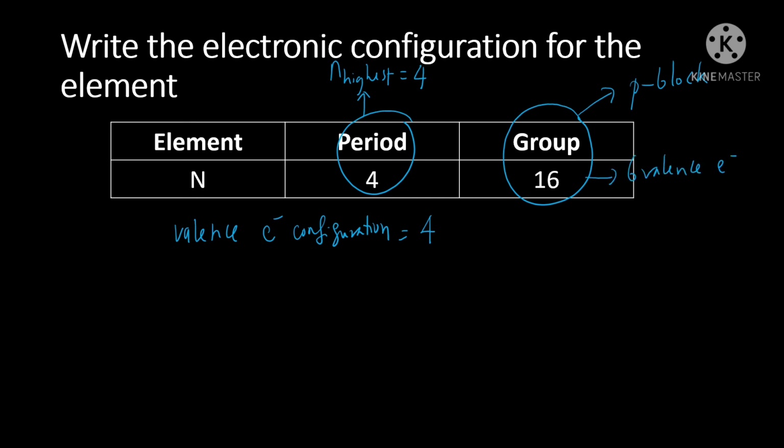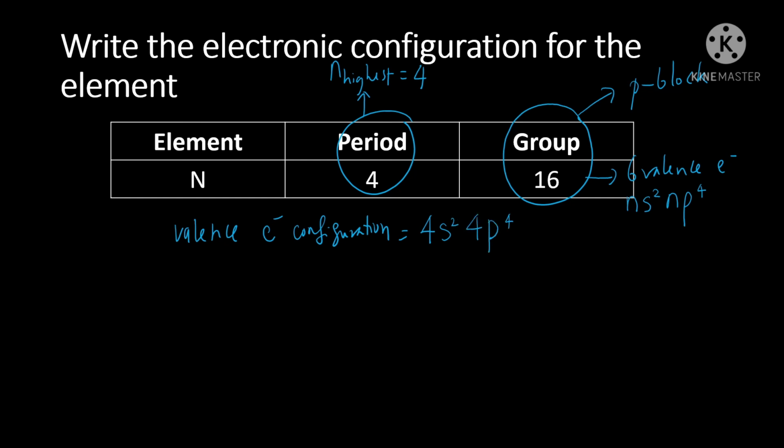For a p block element with 6 valence electrons, we know that the first 2 electrons must go into the s subshell and the remaining 4 go into the p subshell. Therefore, the valence electronic configuration for element N is 4s2, 4p4.